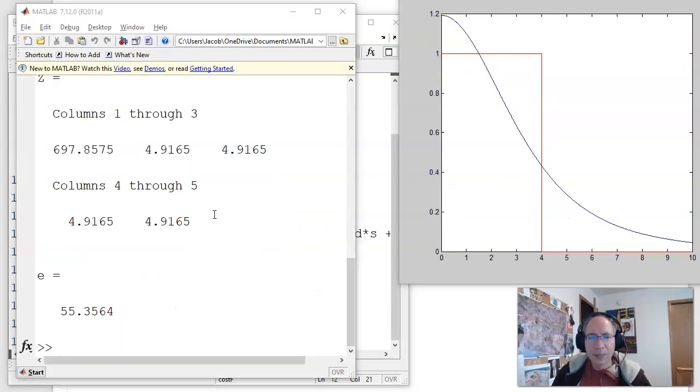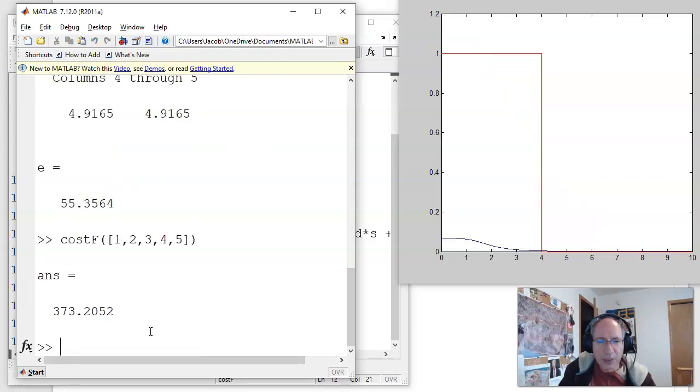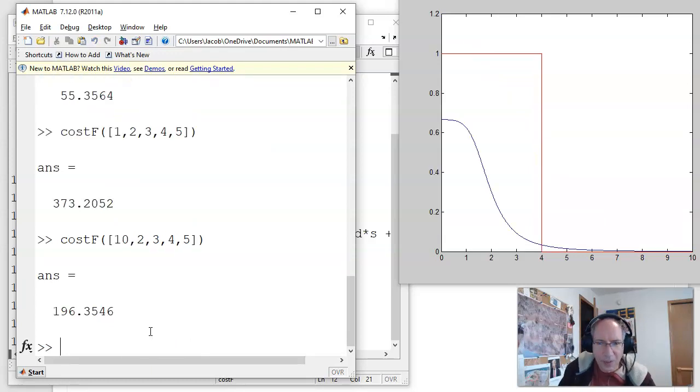And in MATLAB, I can call it. So let's do cost filter. And I could use random numbers, 1, 2, 3, 4, 5, and not great. I also kind of know what the answer should look like.